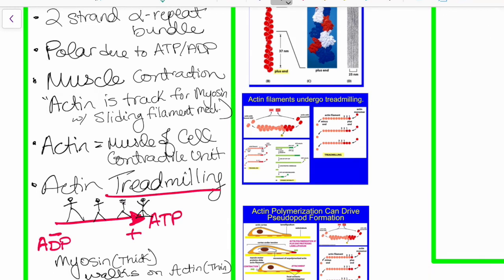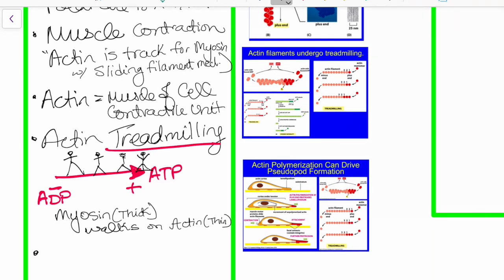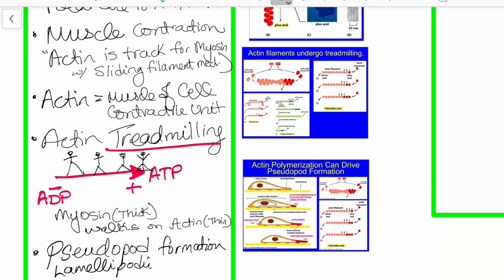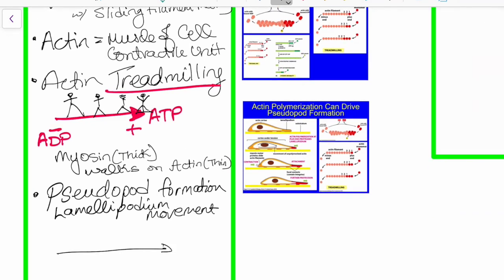And a more specific example is your pseudopod formation, or how lamellipodia move. So how that works is in a similar fashion: you have this lamellipodia, basically a worm-like structure, and it wants to move that way.